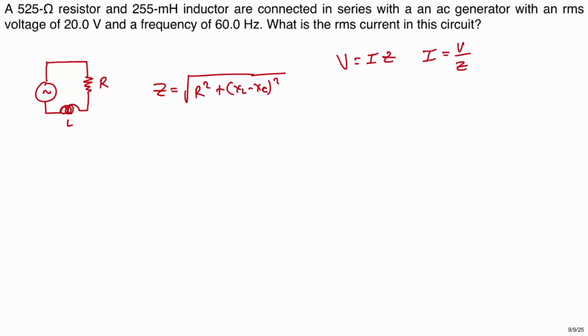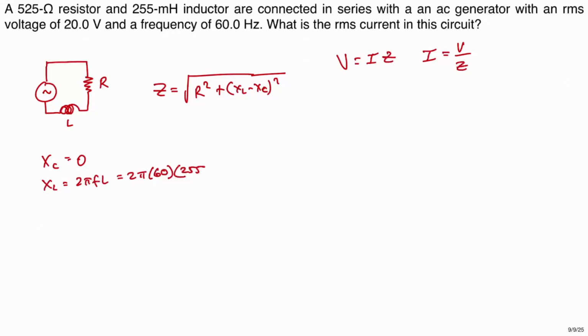What's XC in this problem? How many capacitors are there? 0. So they have 0 resistance. XL is 2 pi f times my inductance. That's 2 times pi times 60, and then 255 millihenries.